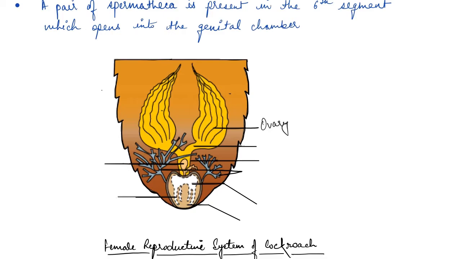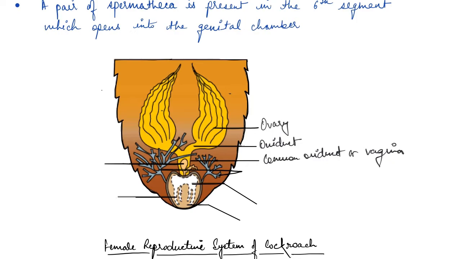Now after that you have oviducts. So each ovary has an oviduct. So this is the oviduct. These oviducts unite into a single median oviduct, which is also known as the vagina in case of cockroaches, right?